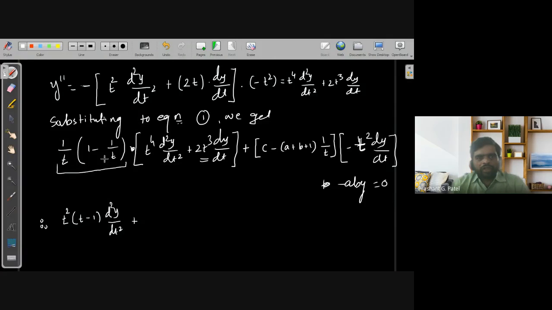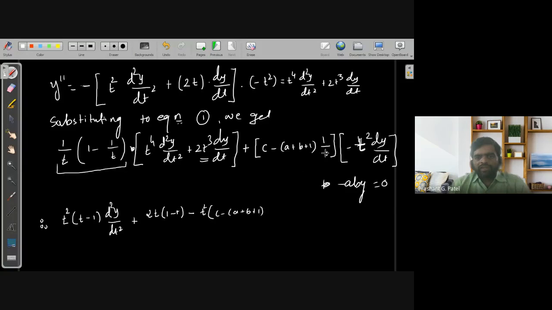So in the denominator we have t square. So it is actually t into 1 minus t, and this 2 is already there. And here we'll have this whole quantity into t square, but it is of minus sign. So it is minus t square into c minus a plus b plus 1.